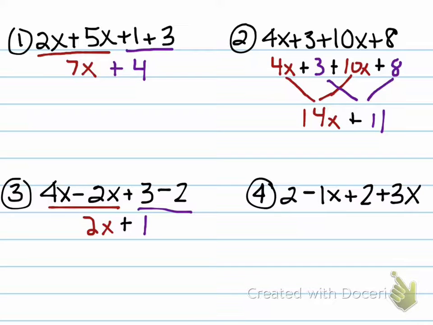And the last one but not least, let me underline my numbers. 2 plus 2, and we have negative 1x plus 3x. So 2 plus 2 equals 4.